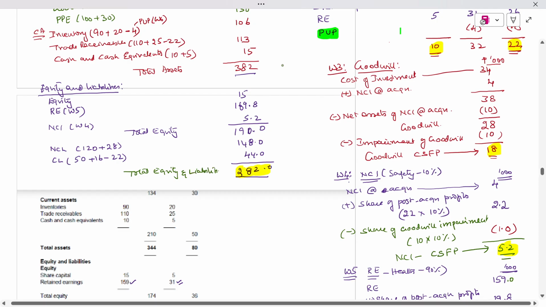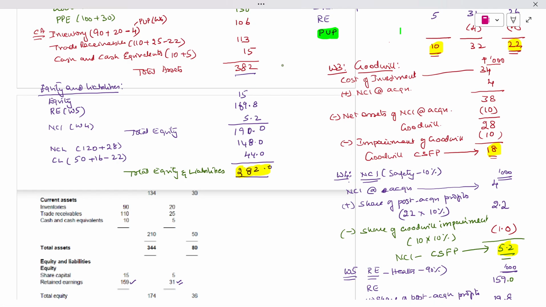Now almost, the only thing left is mid-year acquisition, which is not a big thing as such. Once it is done, please practice, and it would be perfect. It is a simple piece of cake. Every paper is like this only.